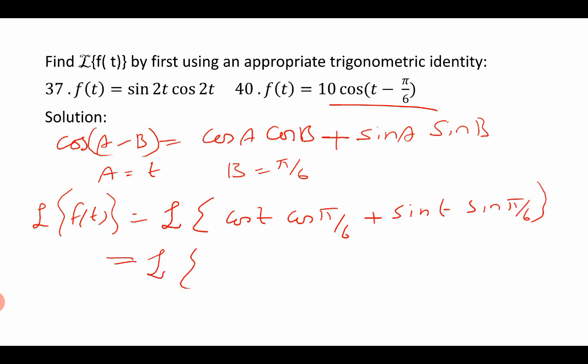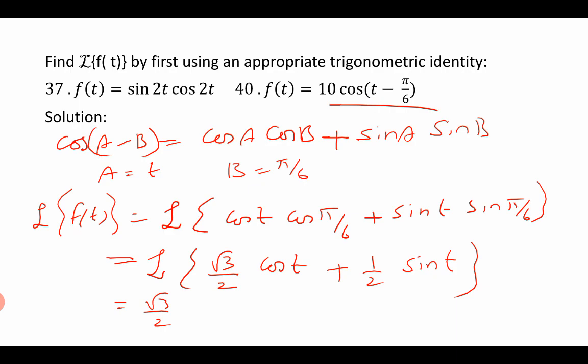Cosine pi by 6 is root 3 by 2, square root 3 over 2, and then cosine t, plus sine pi by 6 is 1 by 2 and sine t. So in the first term, the constant is root 3 over 2.